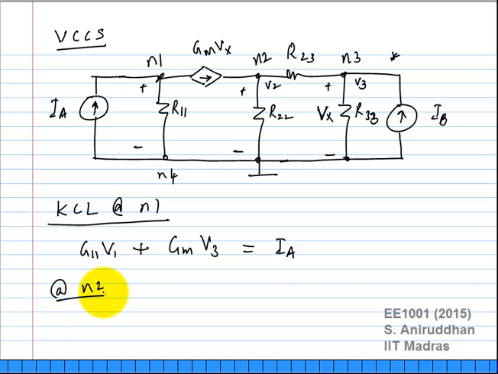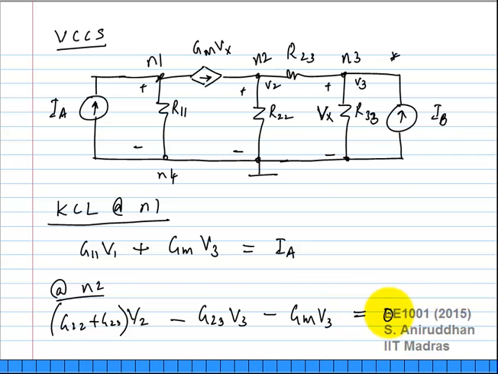I'll have G22 plus G23 times V2 minus G23 times V3. What do you also have? Minus Gm times V3, correct? Should be equal to 0, right?